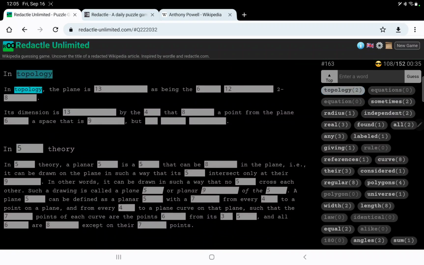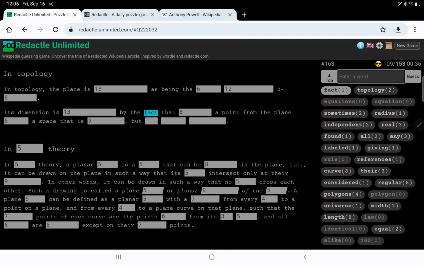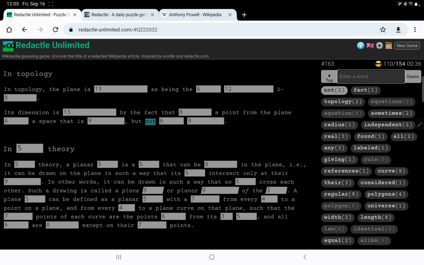Yeah, so it is in topology. Being the something 12 2 dash. By the fact that, yes. But not 6 9.